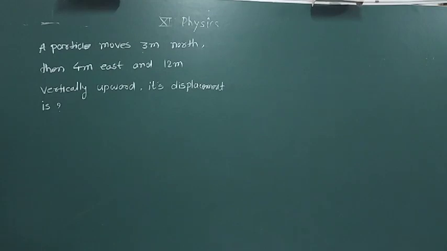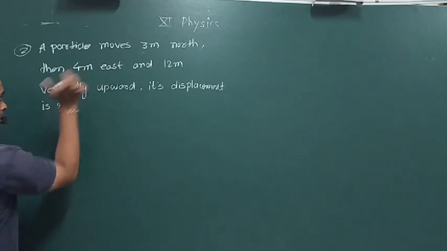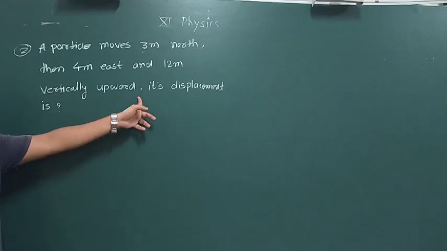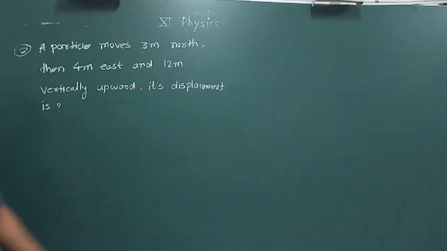Okay, now see the next numerical. A particle moves 3 meter north, then 4 meter east and 12 meter vertically upward. Then find its displacement.